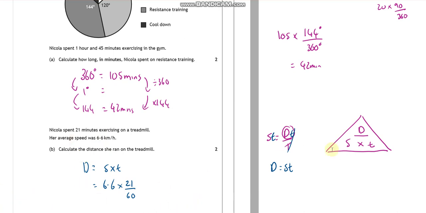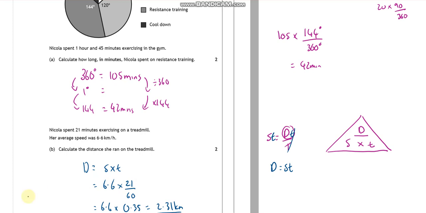So you want to ratio that 21 into the suitable units, so 21 divided by 60. So that's going to come out as 6.6 times 0.35, which will come out as 2.31 kilometers.